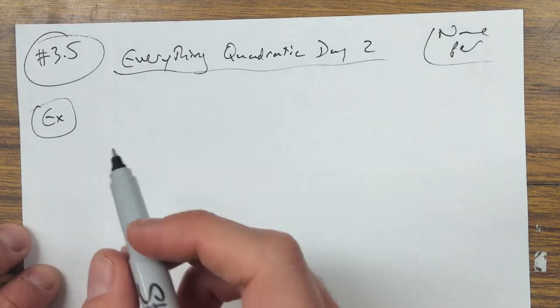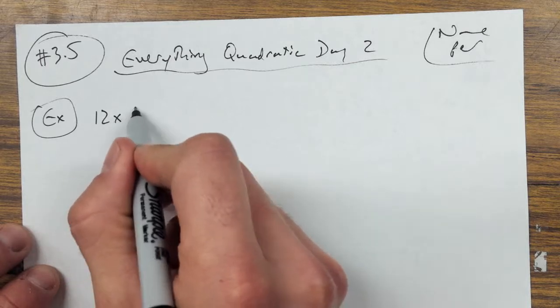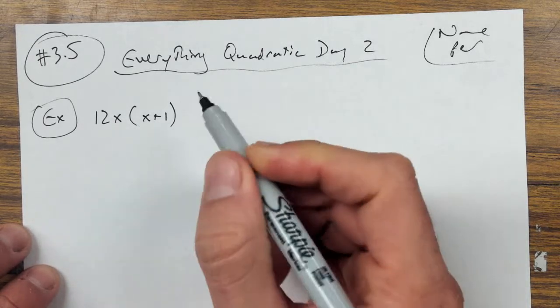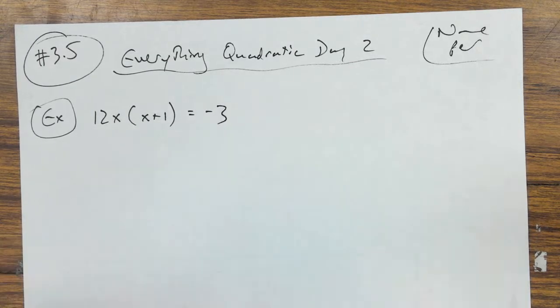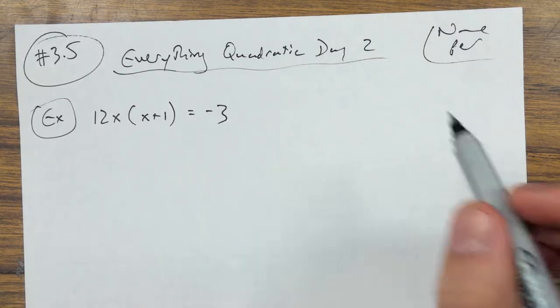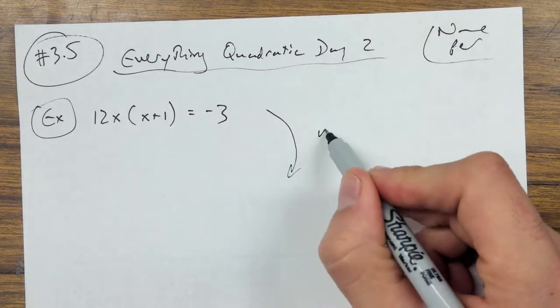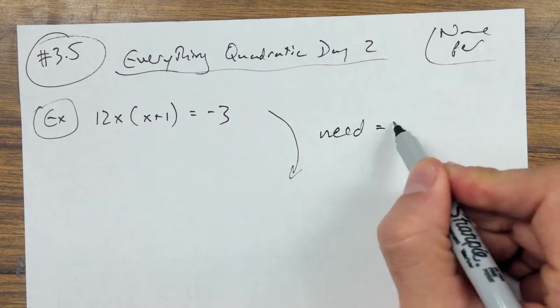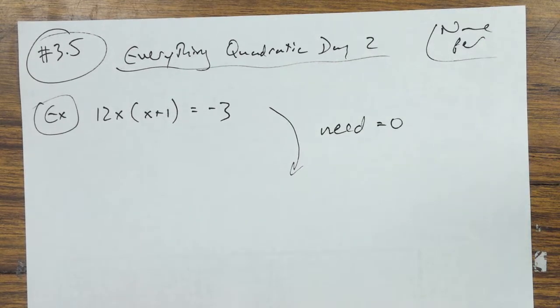So here's our problem. 12x parentheses x plus 1 parentheses equals -3. First and foremost, to do everything quadratic, speaking of Friday, you always have to make sure it's equal to 0. We started talking about that on Friday.